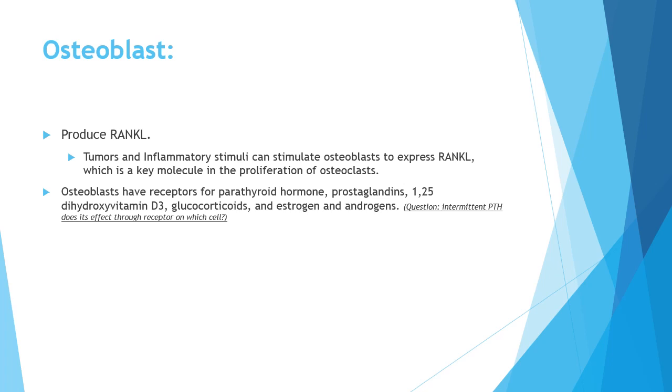So tumors, multiple myeloma, polyethylene wear, all these result in more production of RANKL, and more RANKL on the osteoblast will result in more differentiation of osteoclast. Osteoblast also has the receptors for parathyroid hormone, prostaglandins, steroids, and vitamin D. So these all work through the receptors on osteoblast, not on osteoclast.